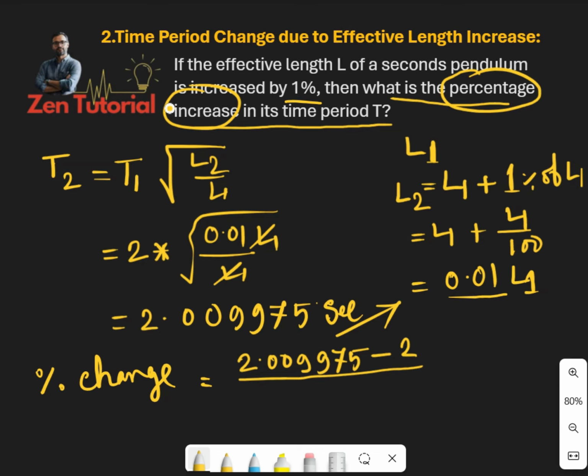Before it was 2 and now it is 2.009975, compared to 2, times 100%. So the percentage of increase is 0.5%, which is a very nominal value.